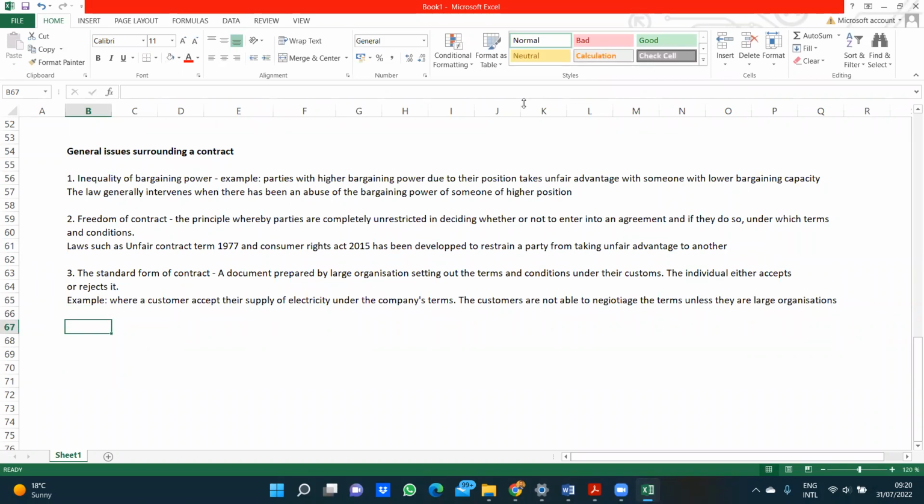Okay, so this is standard form of contract, and finally we have battle of forms. This is very easy.